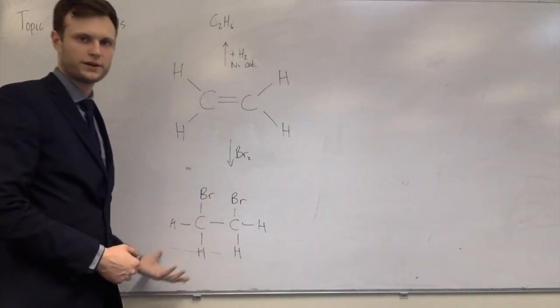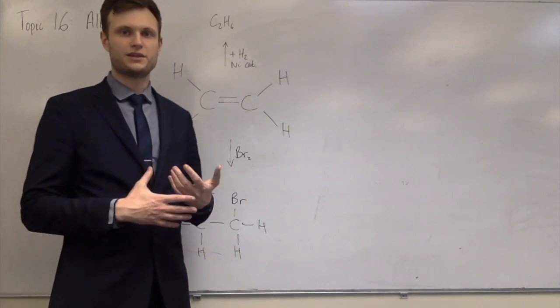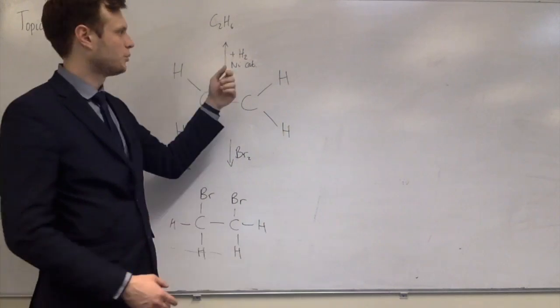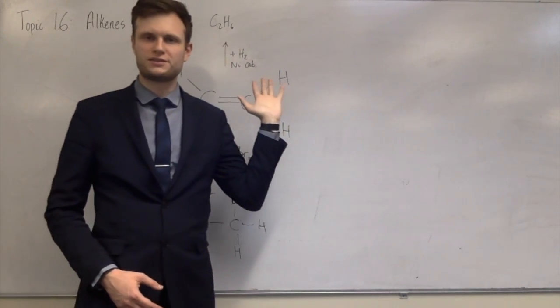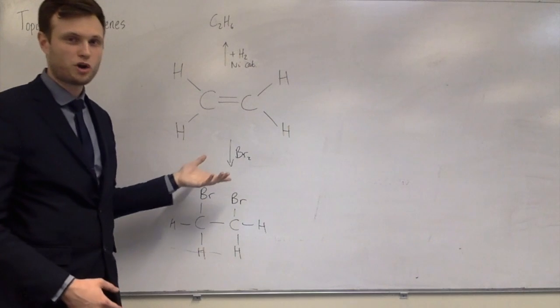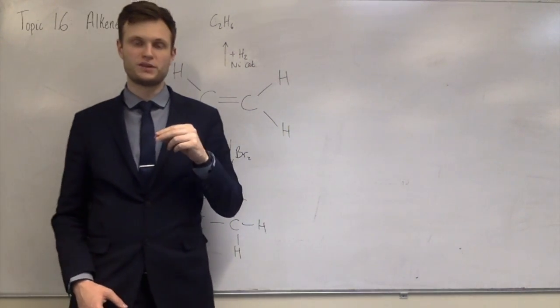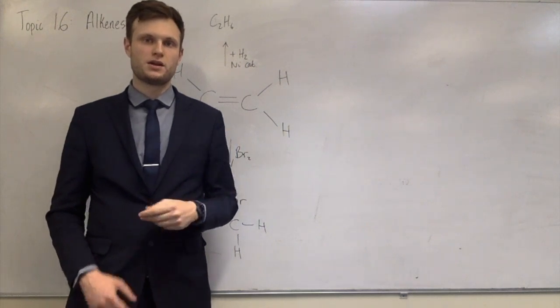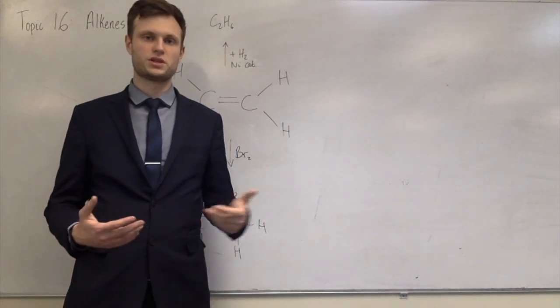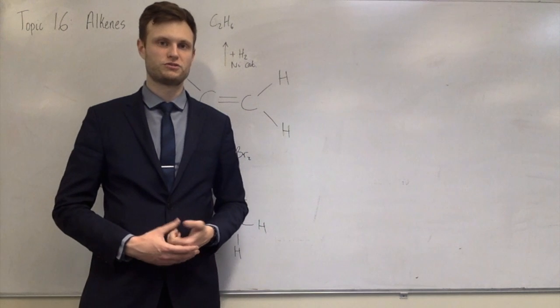This reaction doesn't need any special conditions, whereas the hydrogenation needed a nickel catalyst to make it work quickly. Adding bromine is actually the test for an alkene. You put bromine water in and shake it. It's in GCSE as well. Bromine water shaken with an alkene goes colourless from orangey red.